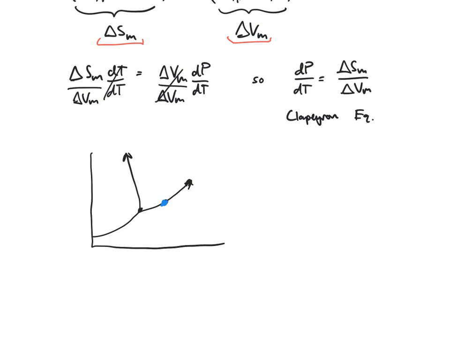For that point right there, if we knew the delta Sm and the delta Vm, then we could exactly find the slope of that point right there. And so in your homework, you'll be given the delta S and the delta V of certain points along that coexistence, or you'll have to calculate it and then get the slope of that particular line. Or I suppose it's possible you may have a problem where you're given that slope and then you find one variable or the other.